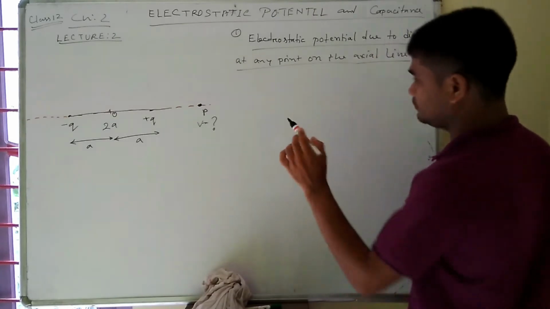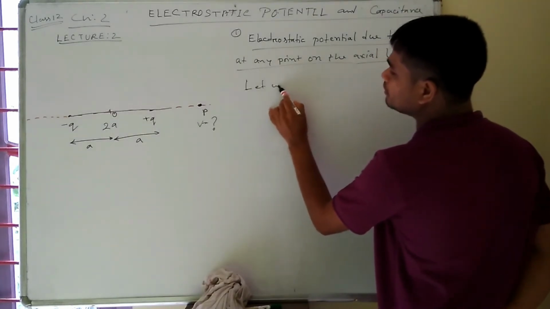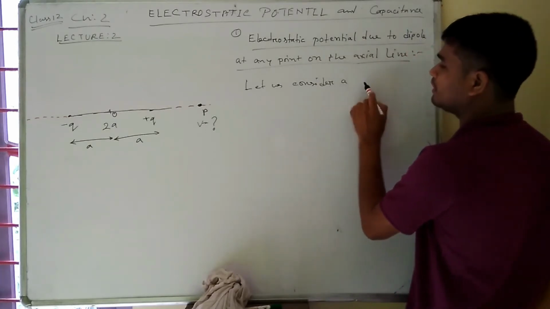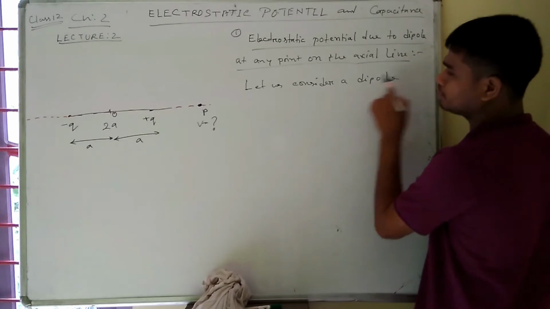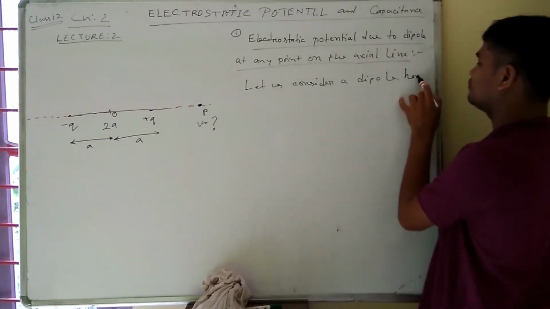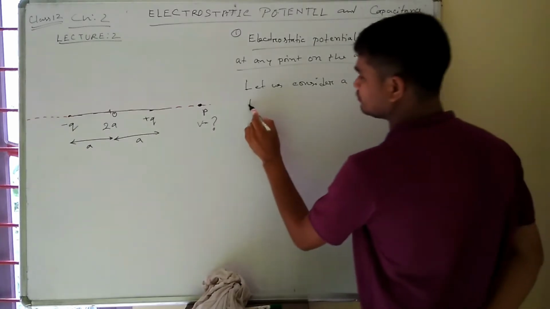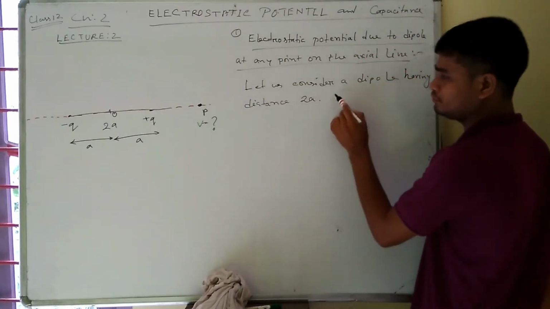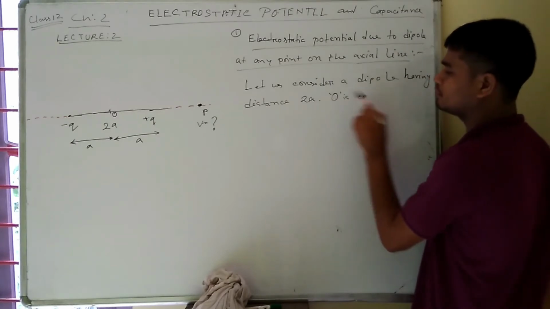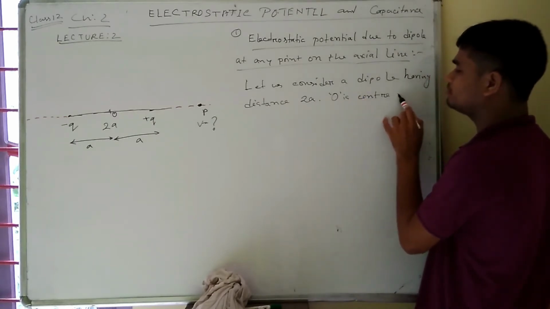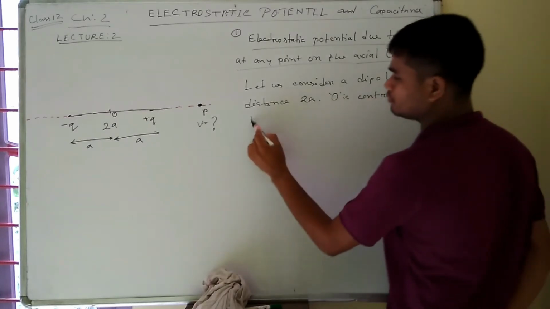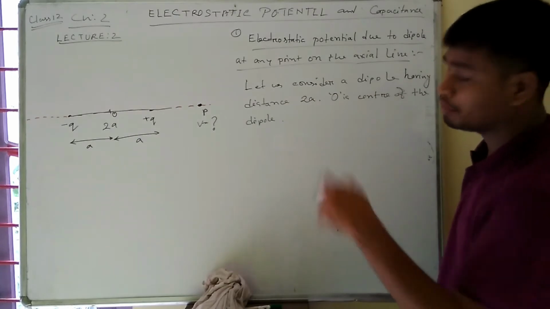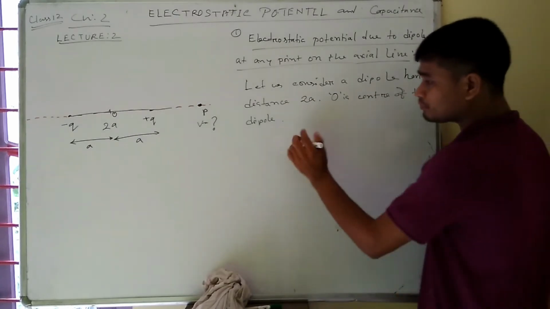Write down. Let us consider a dipole having distance twice a. O is the center of the dipole. All measurements are done from the center of the dipole.